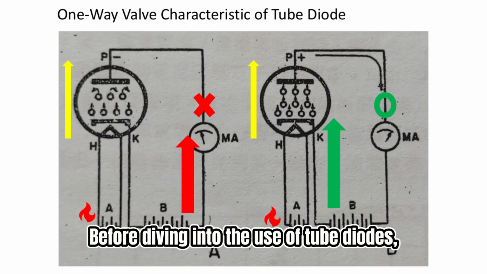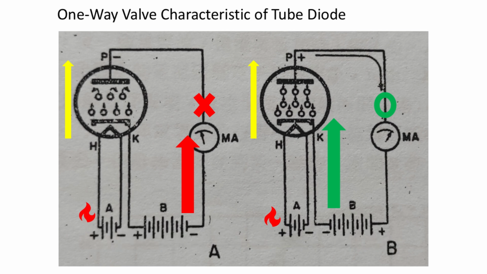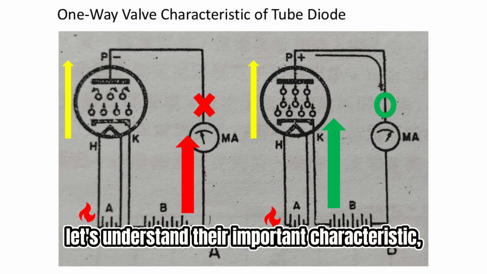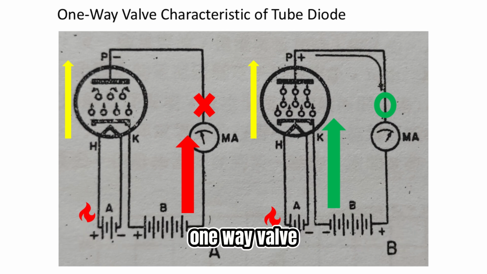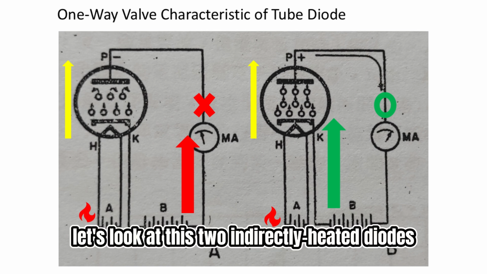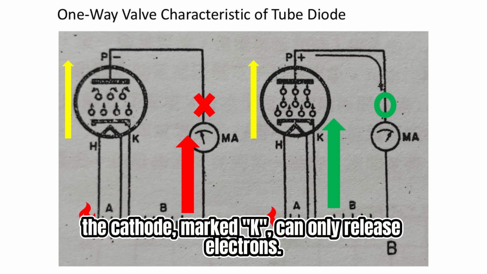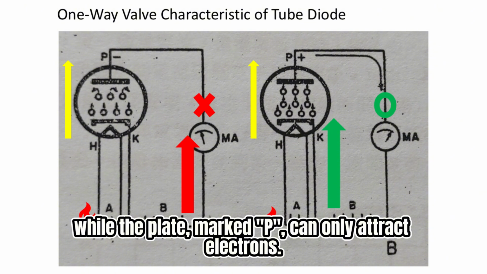Before diving into the use of tube diodes, let's understand their important characteristic, one-way valve. Let's look at these two indirectly heated diodes. The cathode, marked K, can only release electrons, while the plate marked P can only attract electrons.